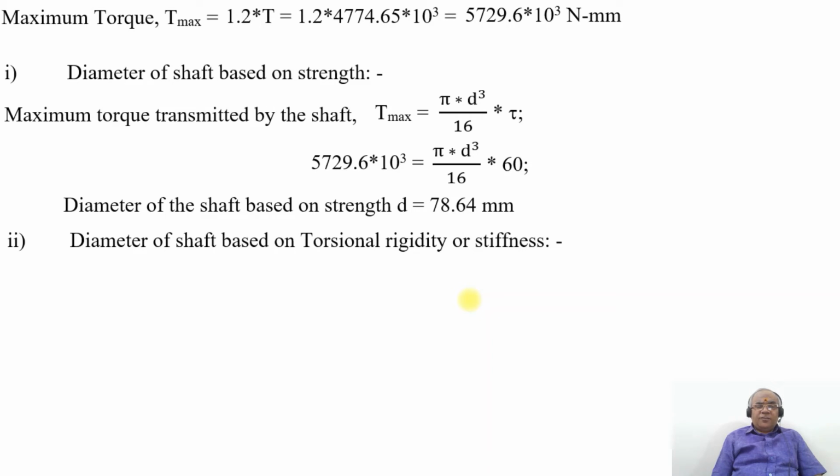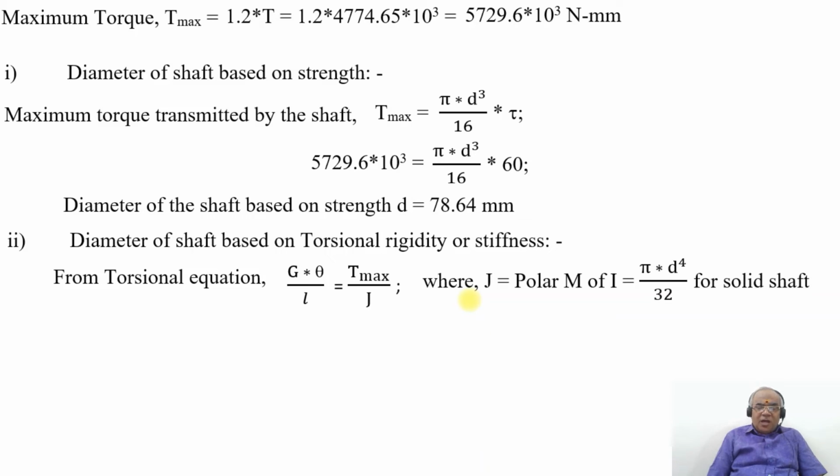Now similarly, we want to find out the diameter of the shaft based on the torsional rigidity or torsional stiffness. From the torsional equation, we have G into theta by L will be equal to T max by J, where J is the polar moment of inertia of the solid shaft, which is pi d to the power of 4 by 32. On substitution, T max is 5729.6 into 10 to the power of 3 divided by pi d to the power of 4 by 32, because it is the polar moment of inertia.